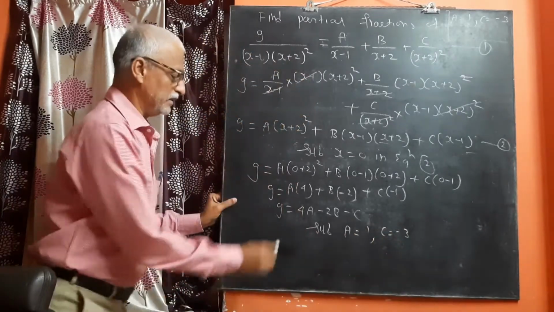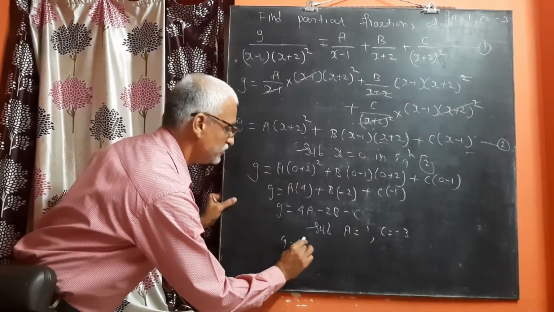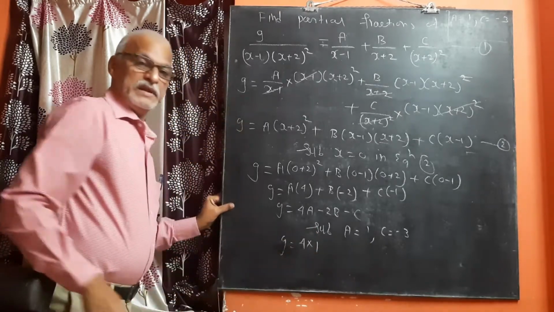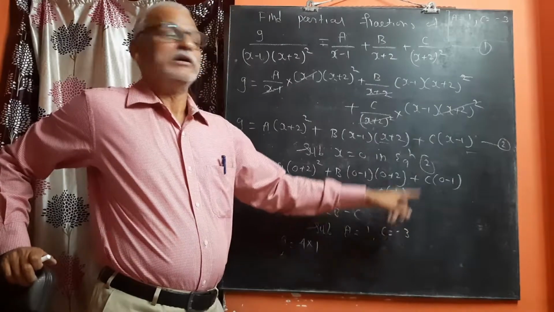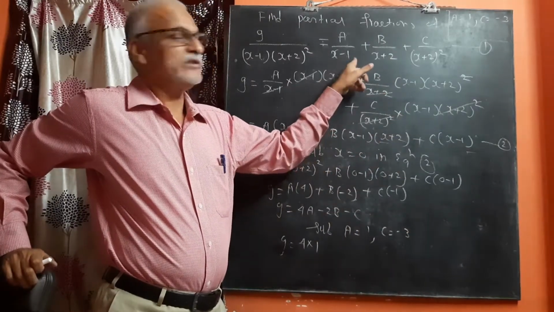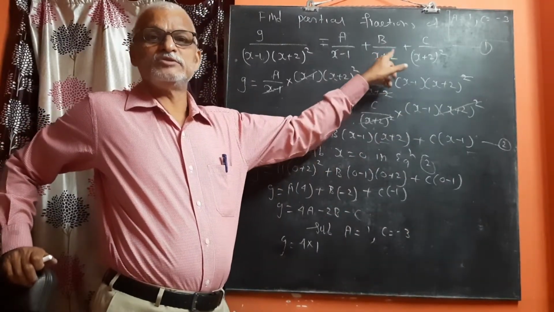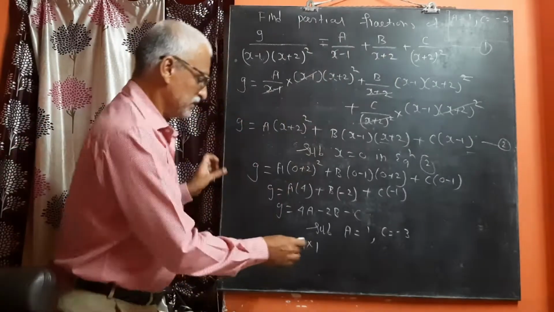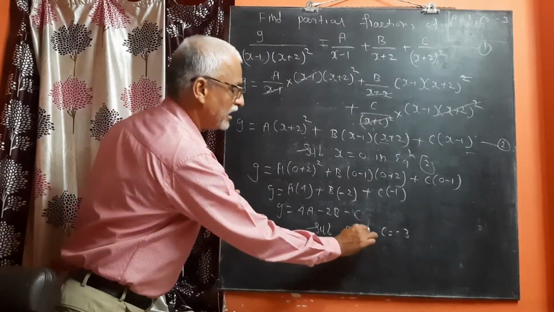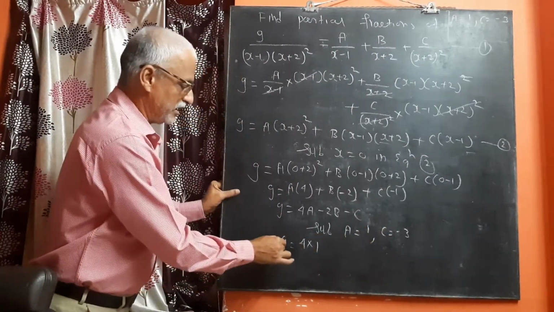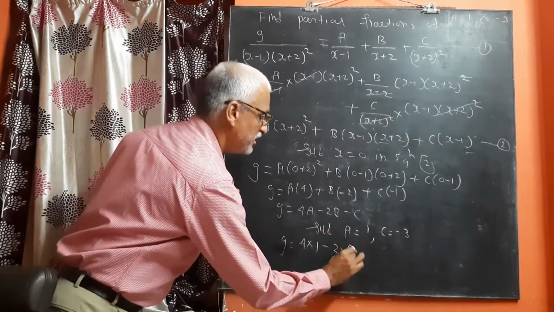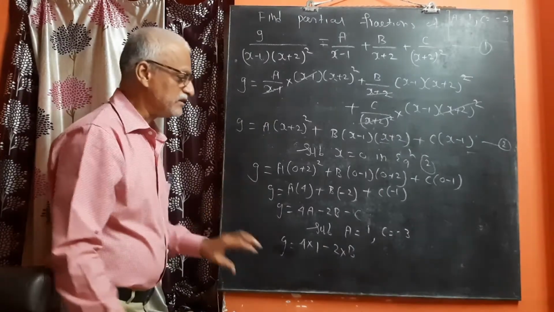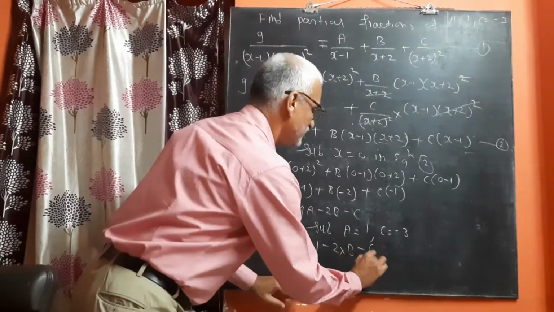Here what we get, 9 is equal to 4 into 1. Where did you get a equals 1 and c equals -3? From the first substitution x minus 1 equals 0 and the second substitution x plus 2 equals 0. So substituting a equals 1 and c equals -3, we get 9 is equal to 4 into 1 minus 2 into b, that means b remains as it is, minus c, so that is minus of -3.